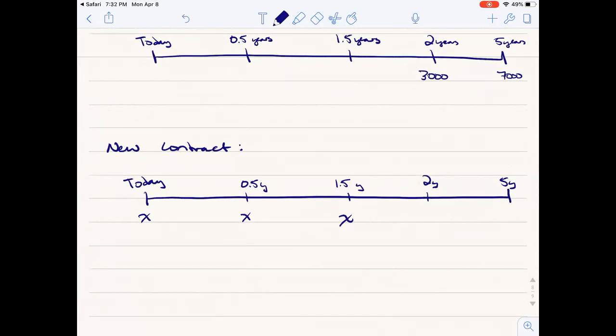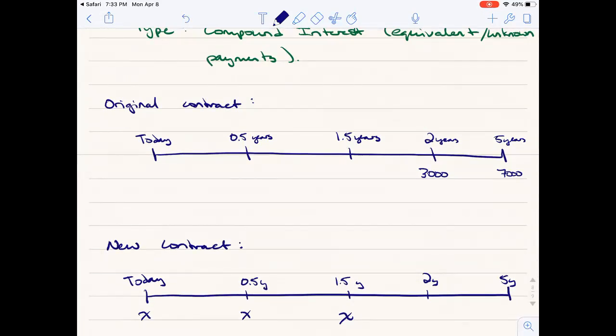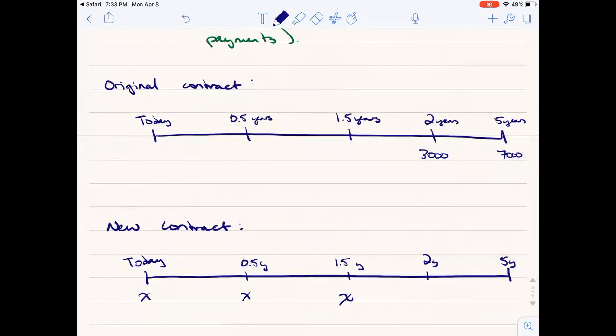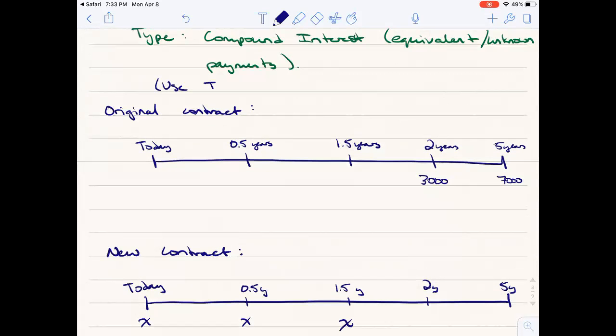So for simplicity, and because it's what I've got on here, I'm going to use today as the focal date, but really you could have picked any one of these because I didn't tell you which one to use. You will end up with the same payment amount, but it's just easier if we just use the same focal date. Pretty sure I've specified on the final exam what to use as the focal date. Use today as the focal date.